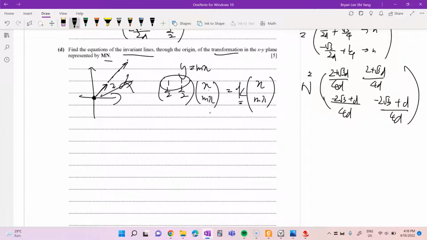So what I want to do is, I can just write this. I will say x plus mx, half x plus half mx equals kx and then kmx.